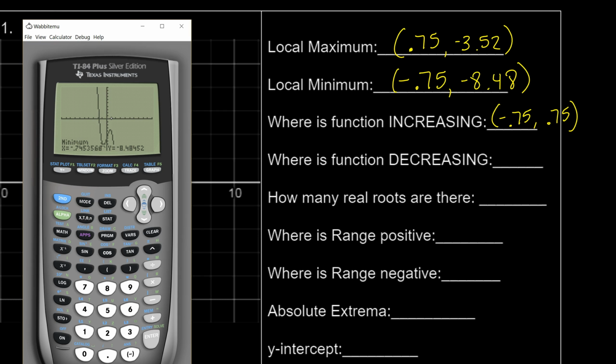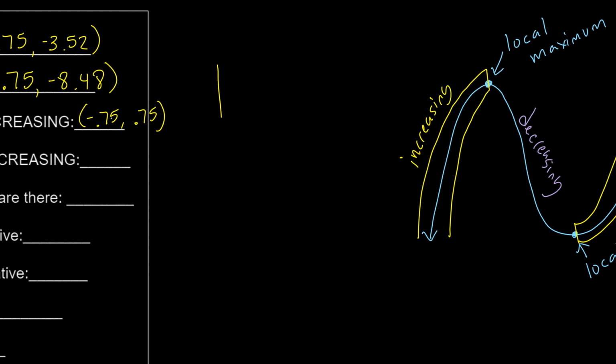And we put parentheses around it because, this is what this function looks like, right? We started increasing here and we stopped here. At this literal point, am I increasing? No, this is a change of direction.